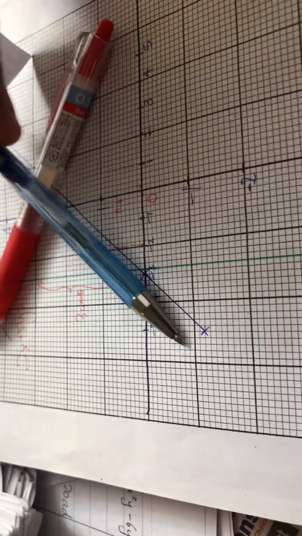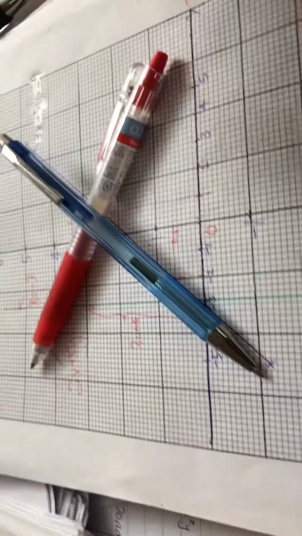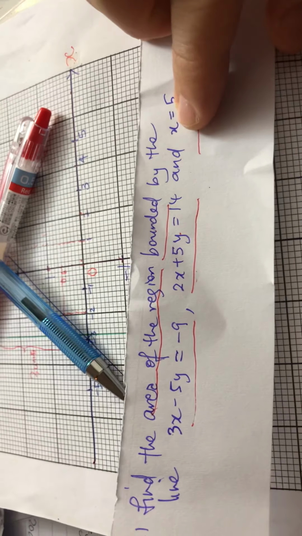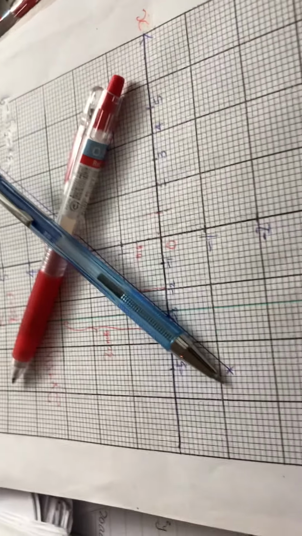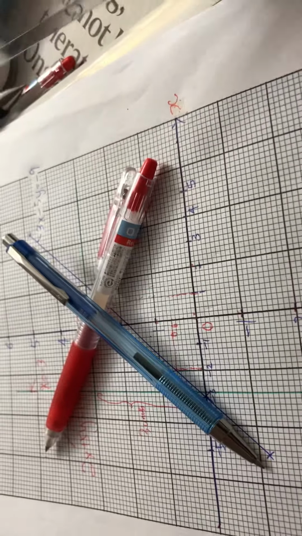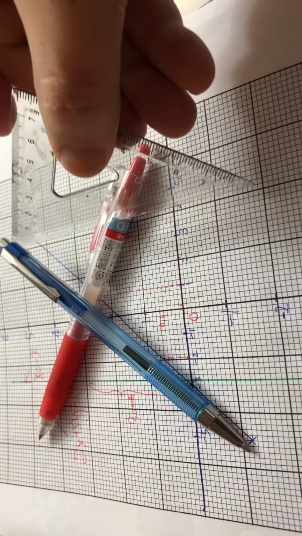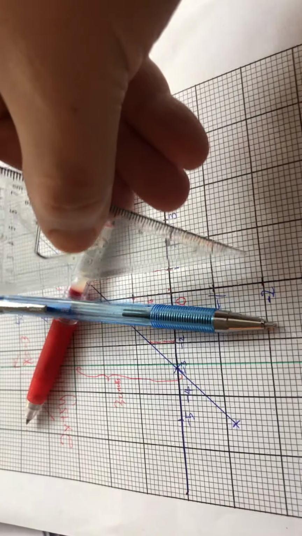You have this line already. And finally, they want you to draw this other line, x equals 5. Where is x equals 5? X equals 5 is this line here. This x equals 4, x equals 3, x equals 2, so on and so forth.